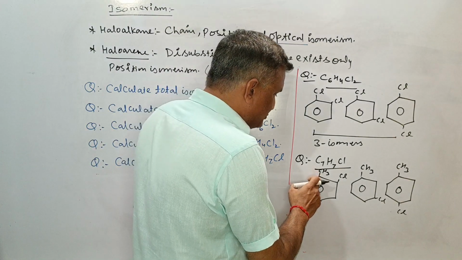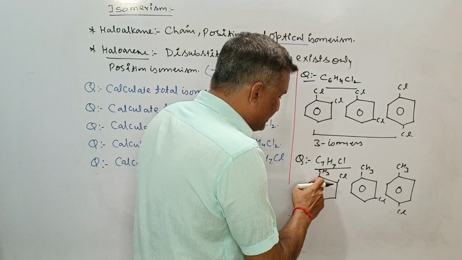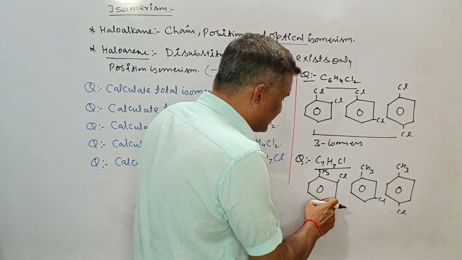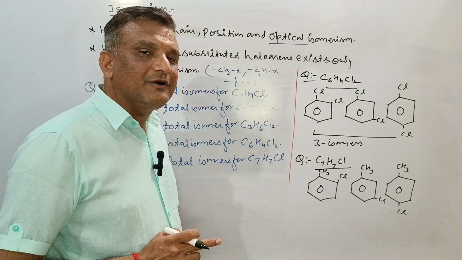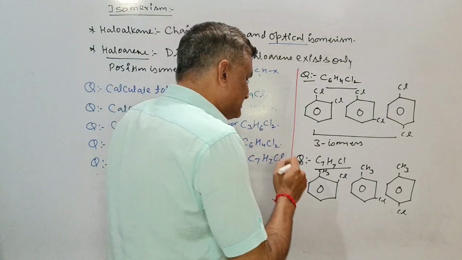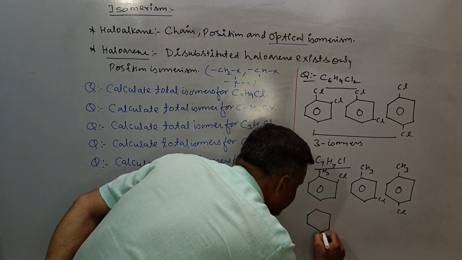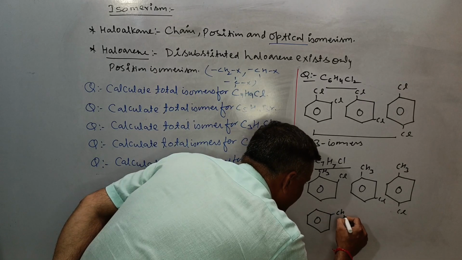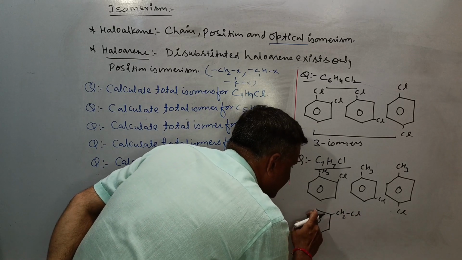So again we can check. Here is 1 carbon, 2, 3, 4, 5, 6 and 7 carbon. Hydrogen 3, 4, 5, 6, 7. Okay, and 1 Cl. So these are the 3: ortho, meta, para. Now we'll take just 2 isomers also. One is benzyl chloride. You can count the carbon 1, 2, 3, 4, 5, 6, 7.